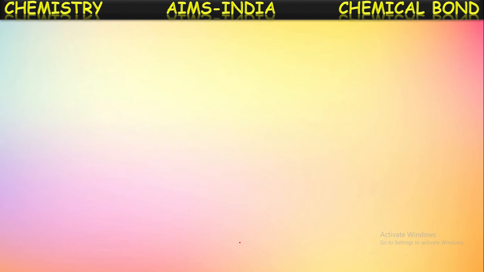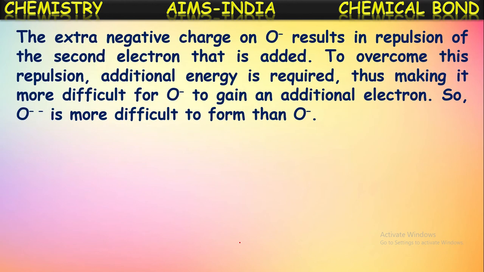So here what is happening? The extra negative charge on the O minus results in the repulsion of the second electron that is added to it. Isn't it? So after gaining one electron, what is happening for the oxygen? It has extra negative charge than the regular. So the negative charge is more than the nuclear charge in this atom. Then the acceptance of the second electron becomes a little difficult for the oxygen.